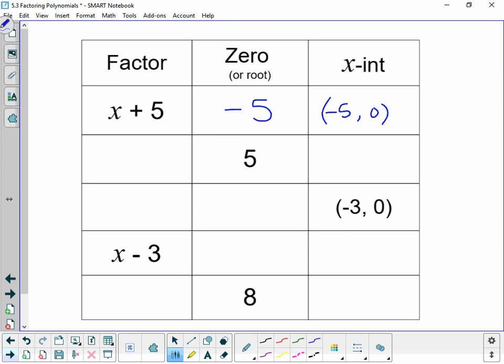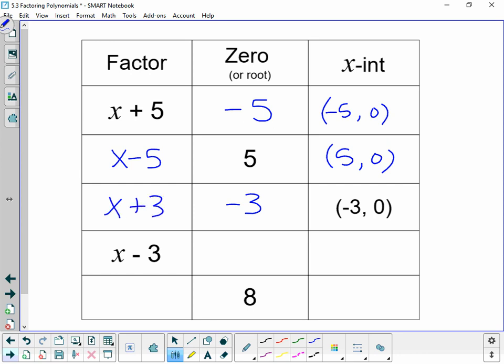Well, if it has a 0 at 5, that shows up on the graph at the point (5, 0). The factor that is associated with that is x minus 5. If the x-intercept is at (-3, 0), that means negative 3 is a root of the function, and a factor of the function would be x plus 3.